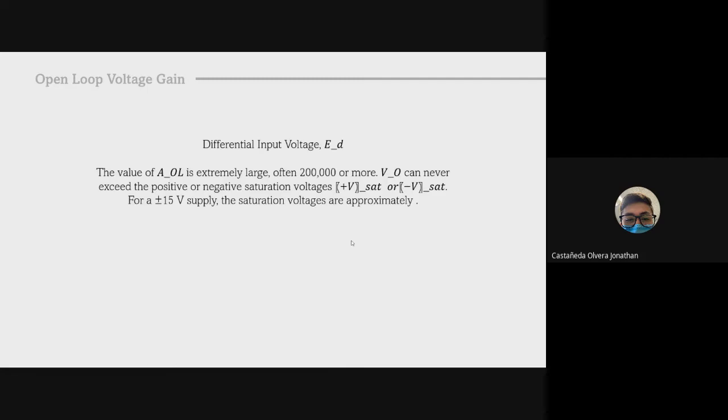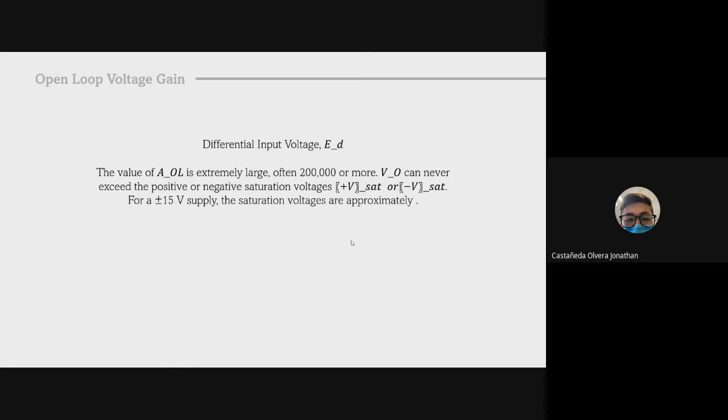Okay, the differential input voltage, or the ED. The value of the open loop gain is extremely large, often 200,000 or more. The output voltage can never exceed the positive or negative saturation voltage, that is plus saturation voltage and minus saturation voltage.